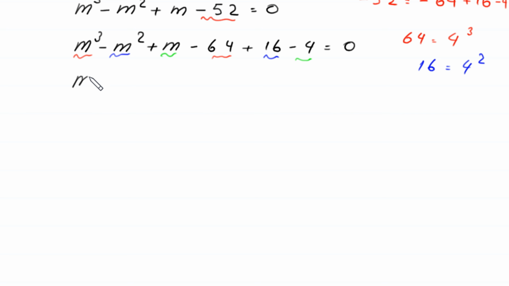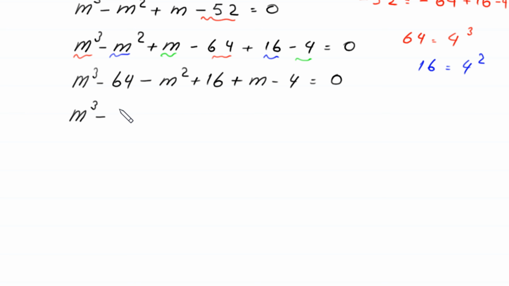So this becomes m^3 - 64 - m^2 + 16 + m - 4 = 0. Next, if we take a negative sign outside the brackets, then the negative m^2 becomes positive m^2, and this plus 16 becomes negative 16, plus m - 4 = 0.